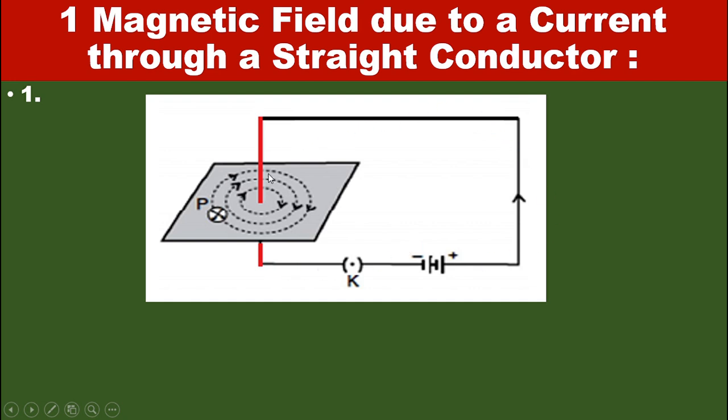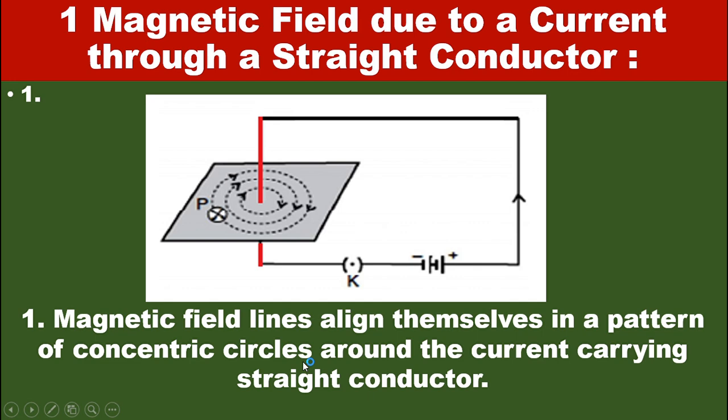Here the circuit connections are there. When we spread the iron filings on the cardboard, what happens? The magnetic field lines align themselves in a pattern of concentric circles around the current carrying conductor. This is the first property.